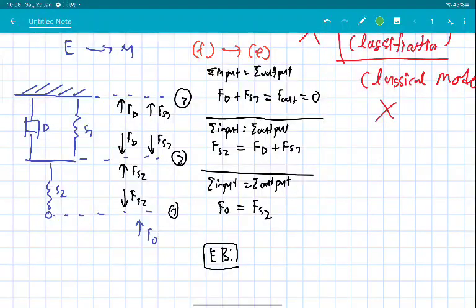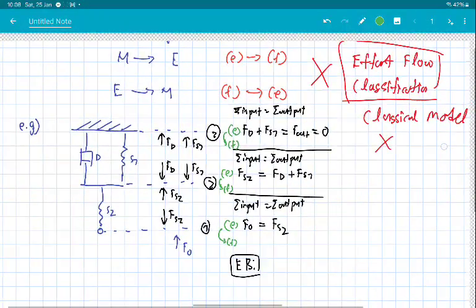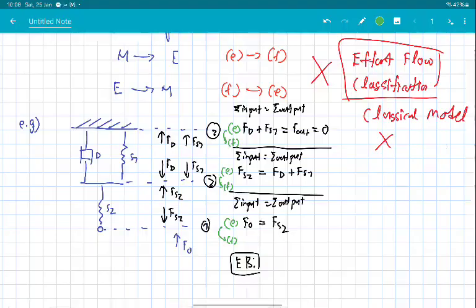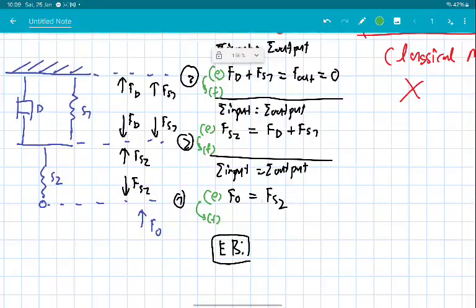So we're going to transfer this from an effort to a flow. Effort to flow. I don't know the explanation why, but this was the concept that the people who came up with this had: usually the effort equivalent in electrical systems for force would be voltage.